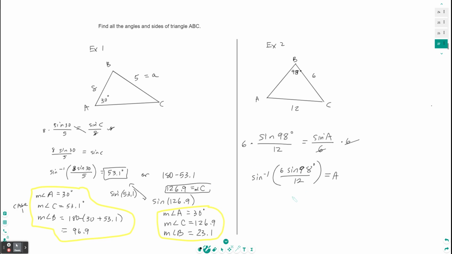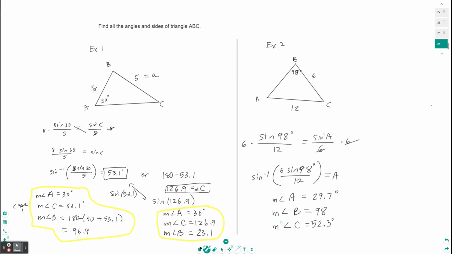All right, this time we get that A is equal to 29.7 degrees. Okay, let's put these together. So we have A, we have B, and let's find measure of angle C. And we get 52.3.